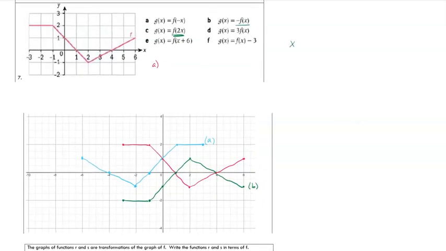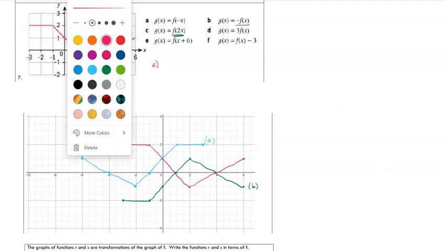Okay, C is where we take each of those points and we multiply the x by 1/2. So I can make a little table. I'm going to use a different color.